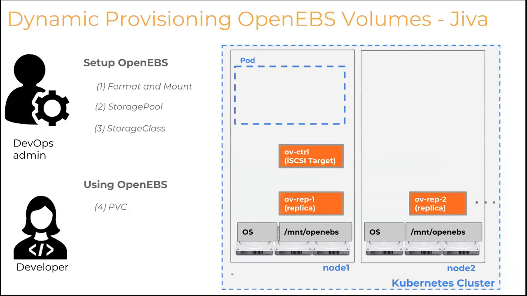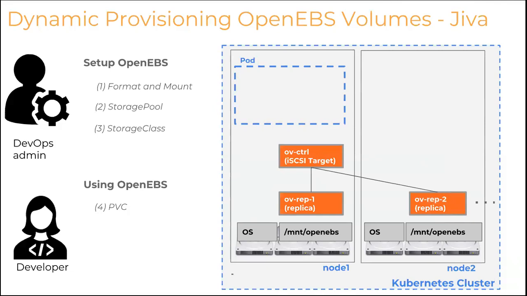The controller, or the iSCSI target, will have a service associated with it, from which you take the IP address and pass it on to the replicas so that they can connect to the controller. And then the replicas are also configured to use a certain path in the /mnt/OpenEBS.